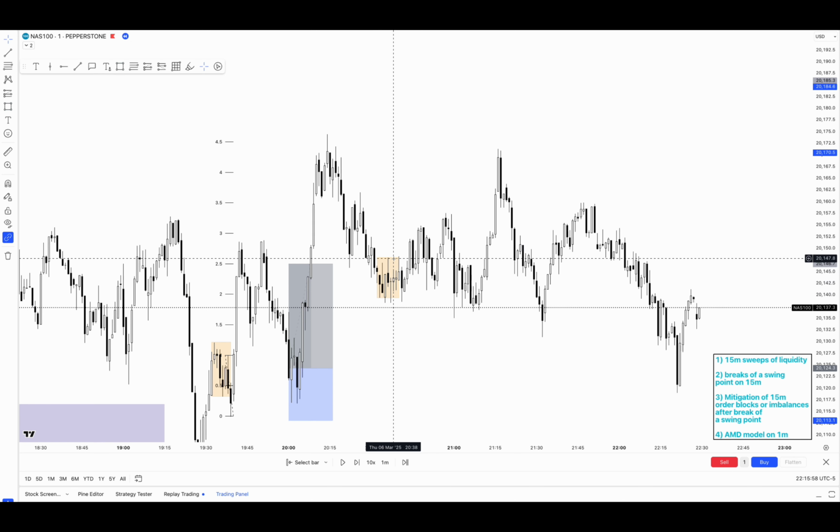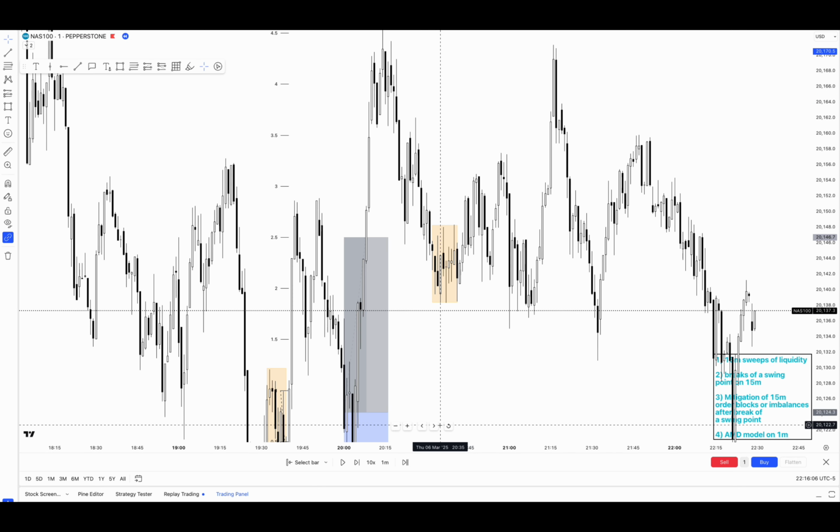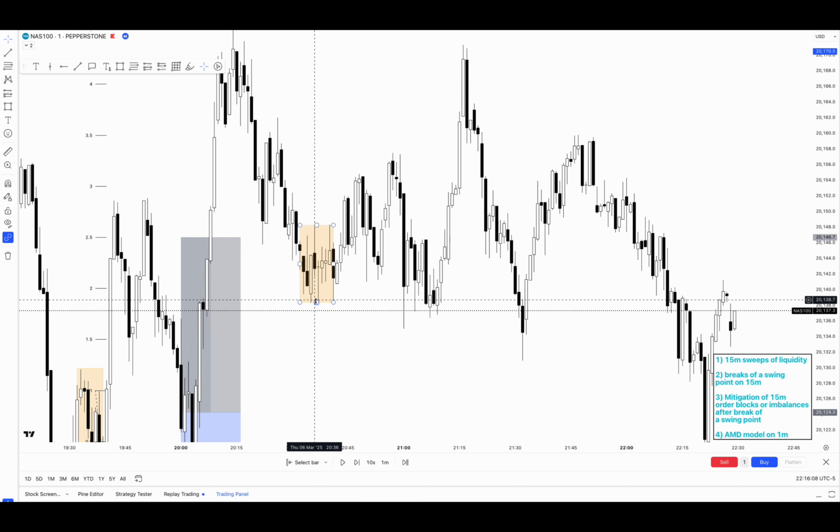Maybe here. Seeing this little small sweep. Is that a small sweep? And if not, we can use this as the sweep here, and then say it broke above. If not this area, then definitely with this one. It could have had entry there. I don't know if that's going to be a win or not, but let's see.